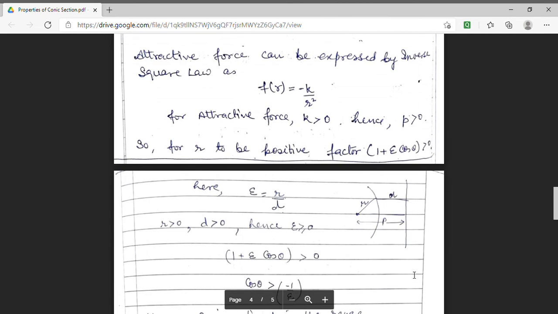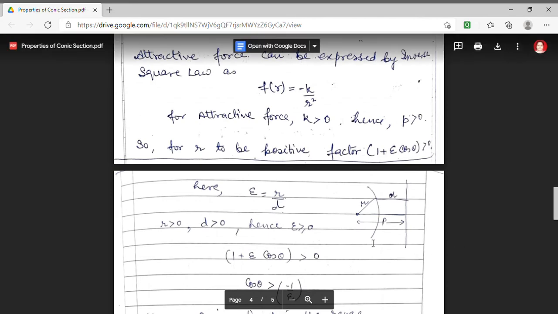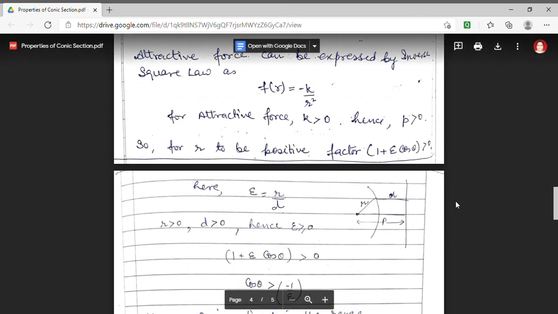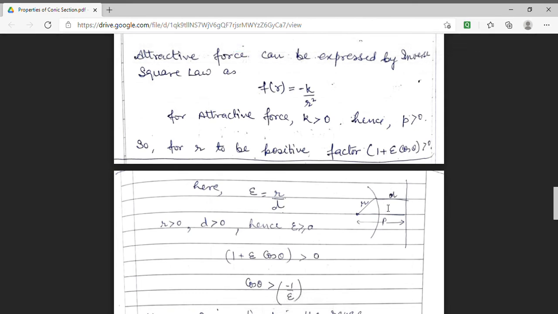Here, what is the value of epsilon? Epsilon was r by d. This is a conic section which is defined as a curve for which the distance from a fixed point, this was the fixed point, and the distance from this fixed point was r, to the distance from a fixed line, the distance was small d.